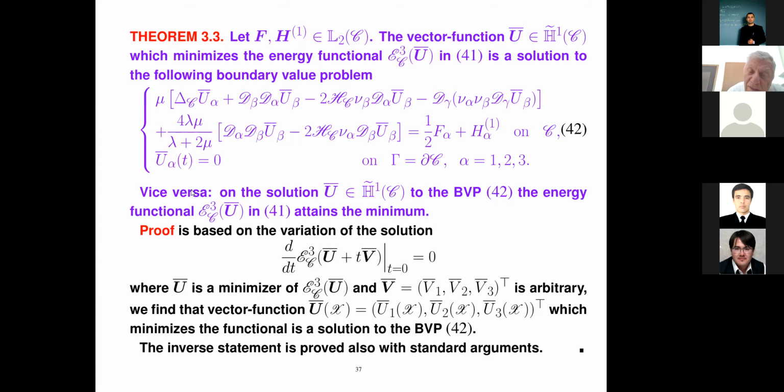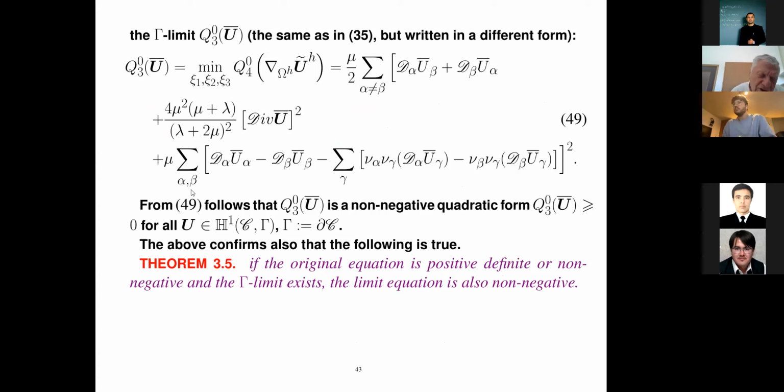You see that the principal part of the equation is like the Lamé equation, but there appear a lot of lower order terms also in the case of the system. When we have a scalar boundary value problem for a scalar equation, the limit equation is much simpler.